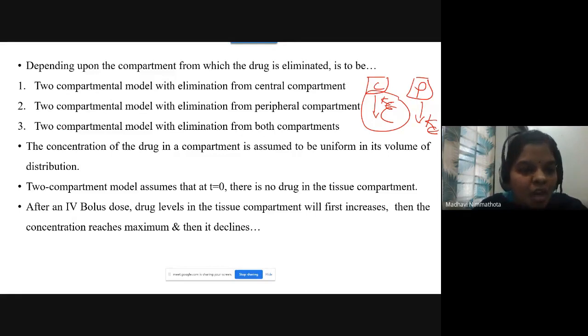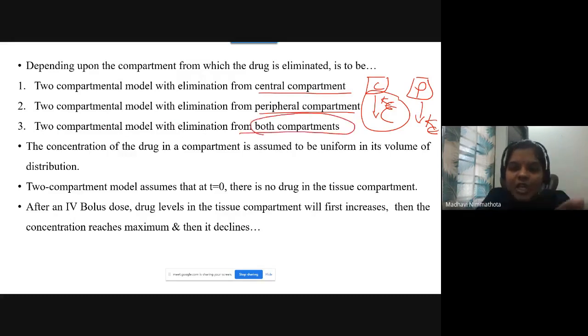So there are three types: two compartment open model with elimination from the central compartment, two compartment open model with elimination from the peripheral compartment, and two compartment open model with elimination from both compartments. Majorly the elimination happens from the central, in some exceptional cases it also happens from the peripheral, and in some cases from both compartments.